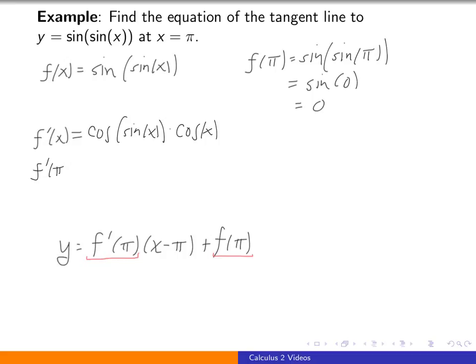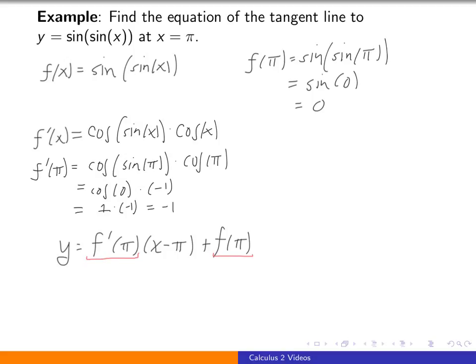So f prime of pi, replace those two x's with pi's, cosine of the sine of pi times cosine pi. So as we mentioned, sine of pi is 0, cosine of pi is minus 1, and cosine of 0 is 1. So 1 times minus 1 is minus 1.